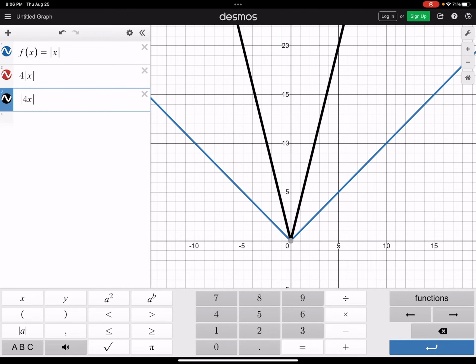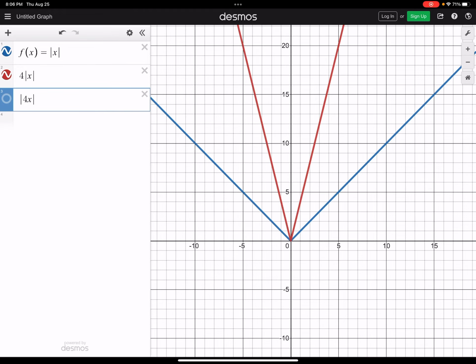Depending on where that 4 is for a test question, that's when you would interpret the 4 on the outside as a vertical stretch by a factor of 4. The 4 on the inside means a horizontal compression by a factor of 4. And that's it, okay? Just try to remember whether that coefficient, that number, a or b, is on the outside of the function or on the inside.